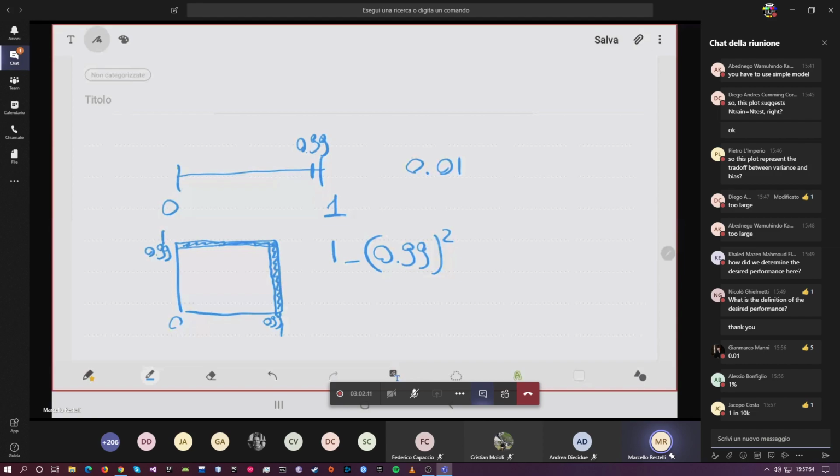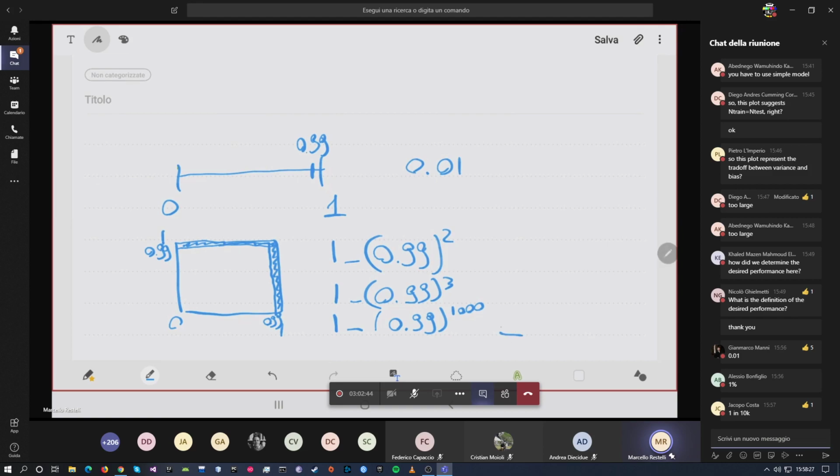Okay? And so now, if instead of 2 dimensions I have 3 dimensions, it will be 1 minus 0.99 cubed. And if I have 1000 dimensions, it will be something like this. So now, what is the value of 1 minus 0.99 raised to the power of 1000?